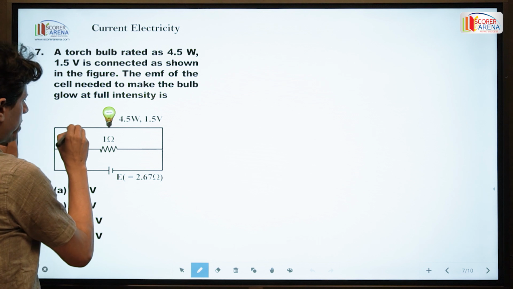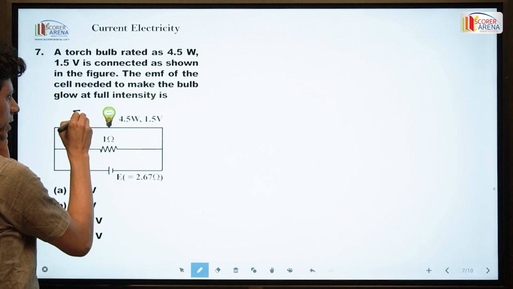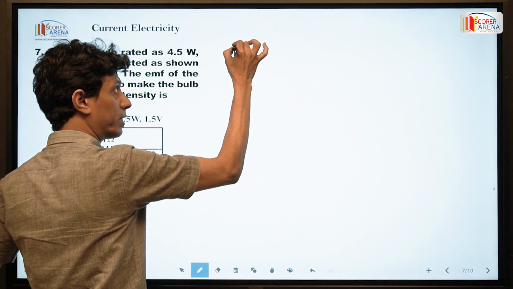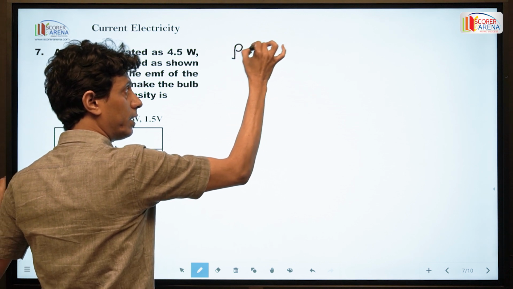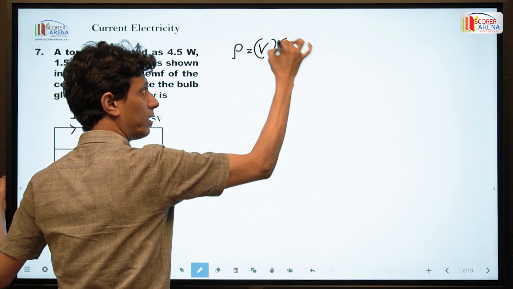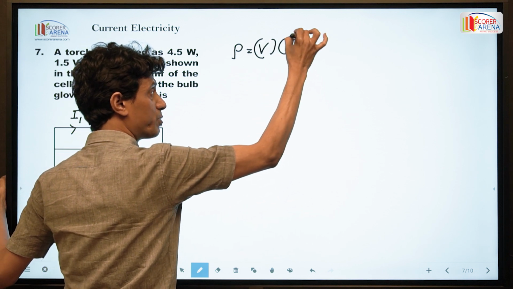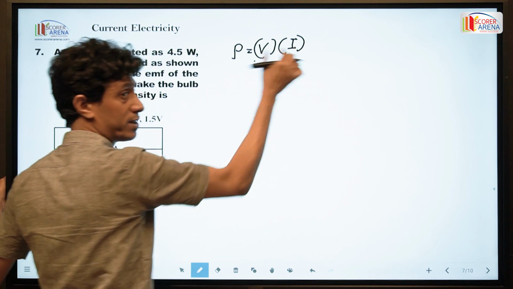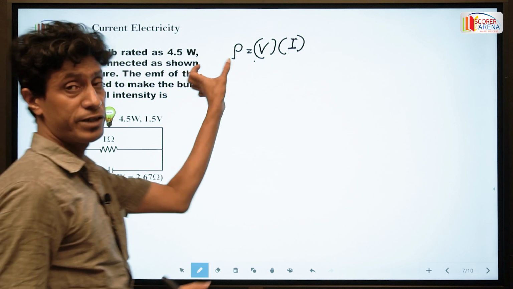So the current through this branch, I1: power is voltage into current, that is the potential difference across the appliance and the current through it. This is actually the definition of power.